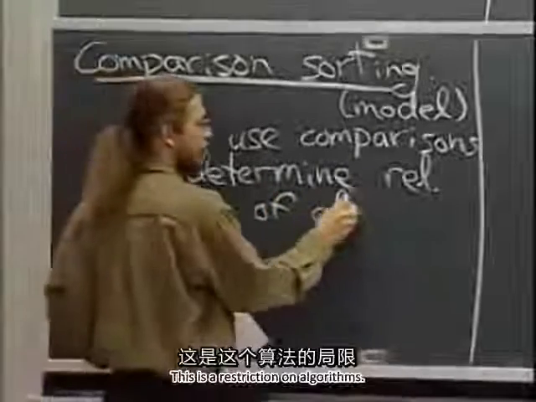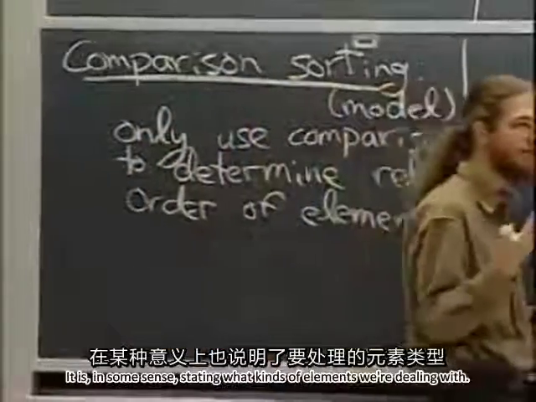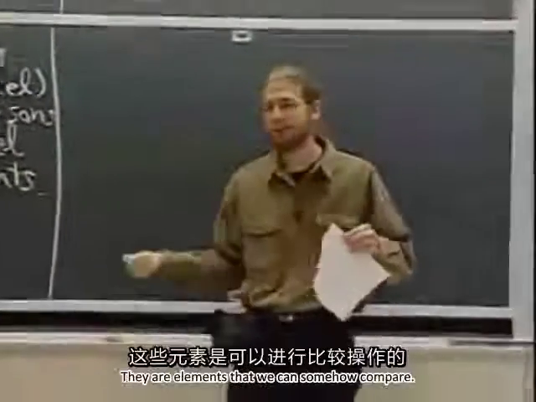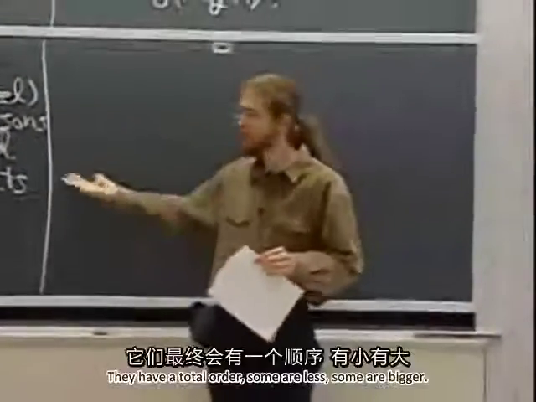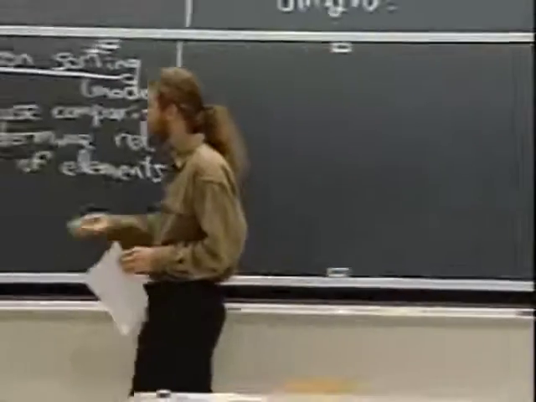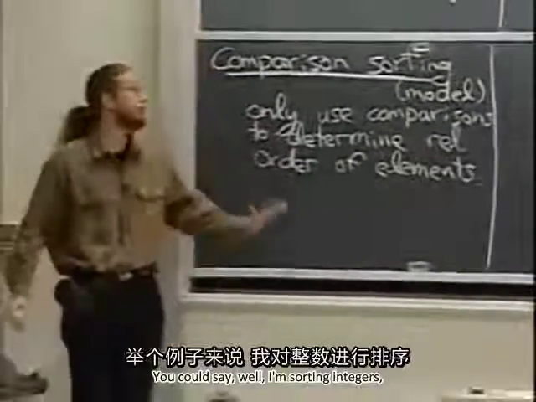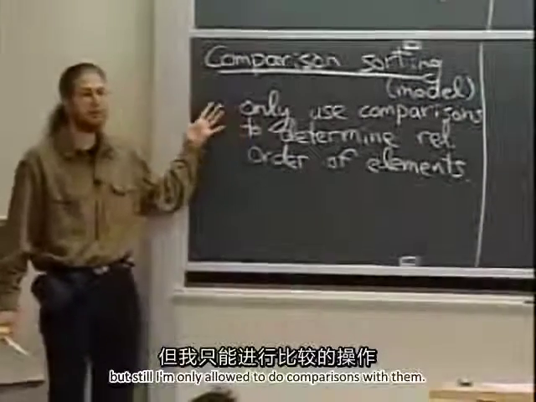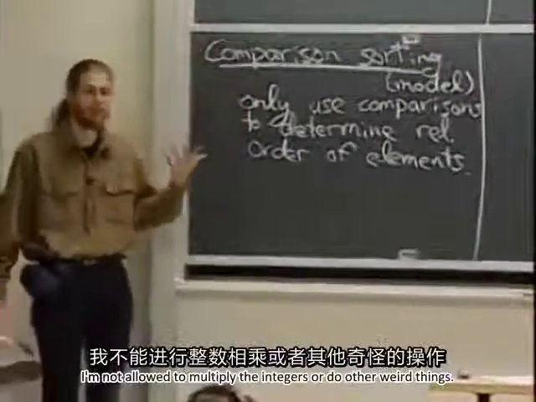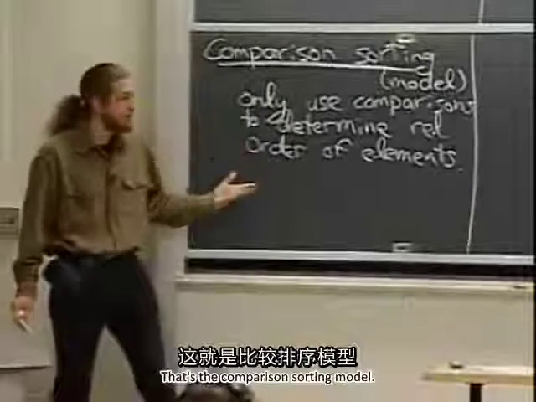This is a restriction on algorithms. It's in some sense stating what kinds of elements we're dealing with. They're elements that we can somehow compare. They have a total order. Some are less, some are bigger. But it also restricts the algorithm. So you could say, well, I'm sorting integers, but still I'm only allowed to do comparisons with them. I'm not allowed to multiply the integers or do other weird things. That's the comparison sorting model.